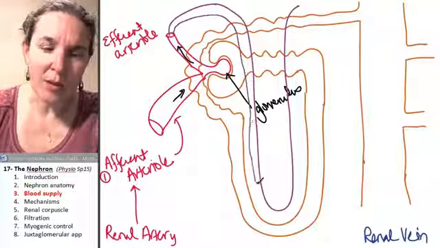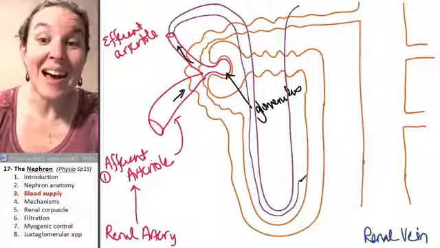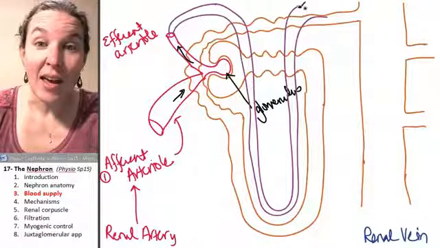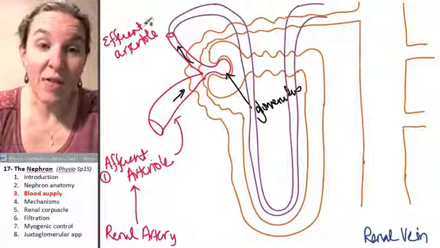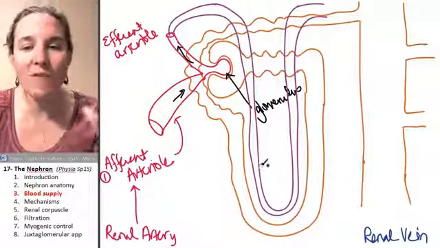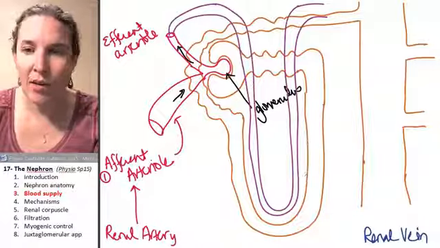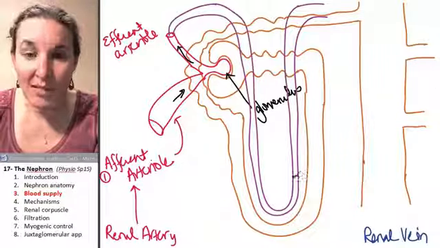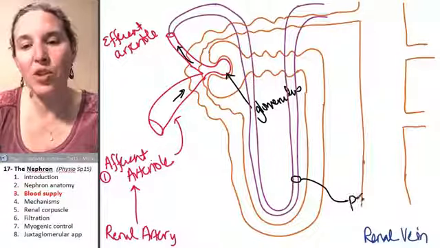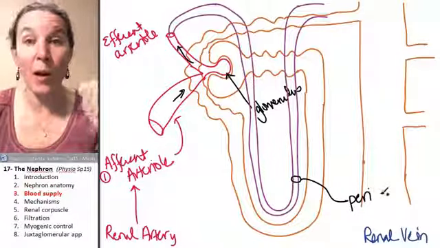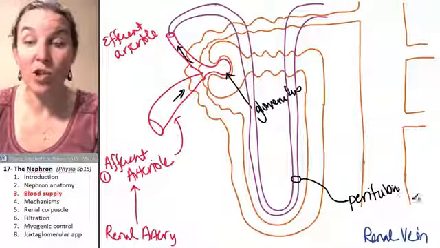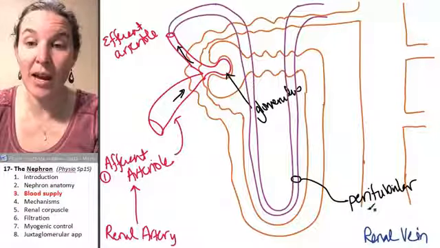This tube is another net of capillaries. Okay, so the efferent arteriole feeds into another net of capillaries that I've just drawn as one structure here, but this is actually a net, and they're called peritubular, around tubular, around the nephron tubule, peritubular capillaries.